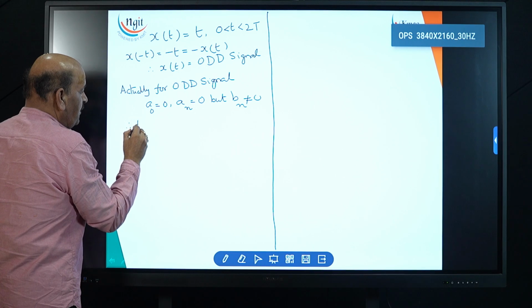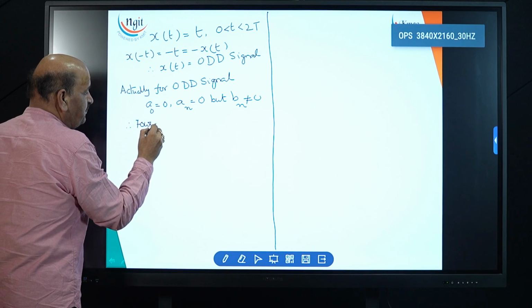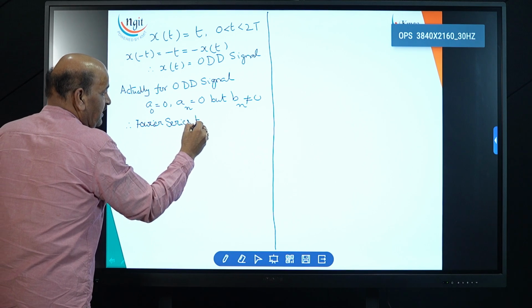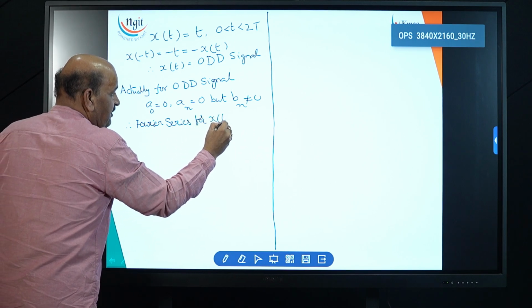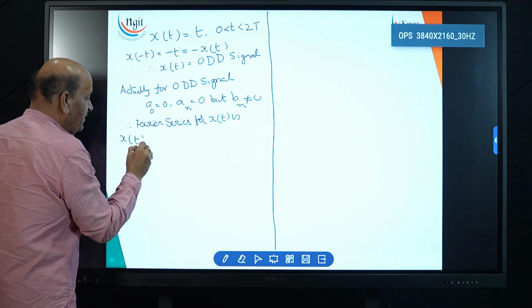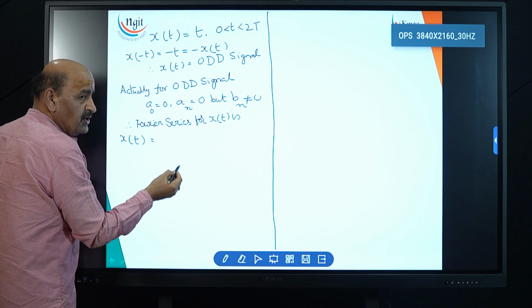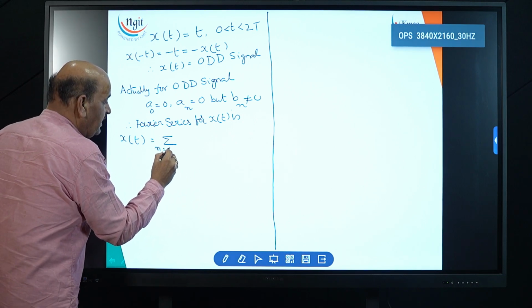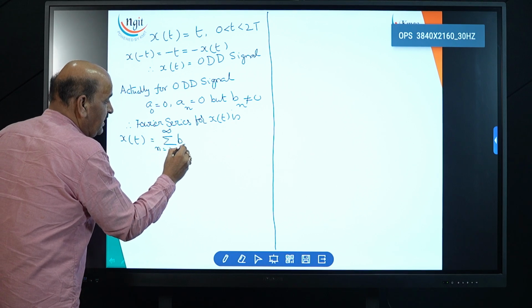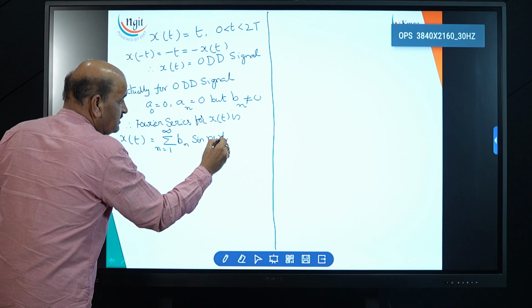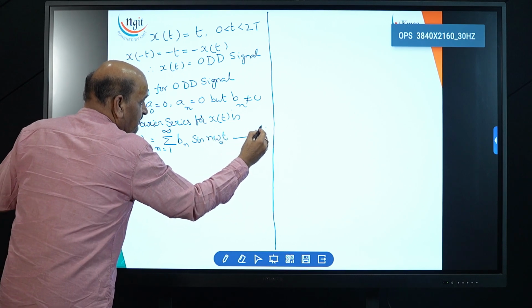Therefore, the Fourier series for the given signal x of t has A naught equal to 0, an equal to 0. Therefore, the formula is summation n equal to 1 to infinity bn sin n omega naught t. This is the formula.